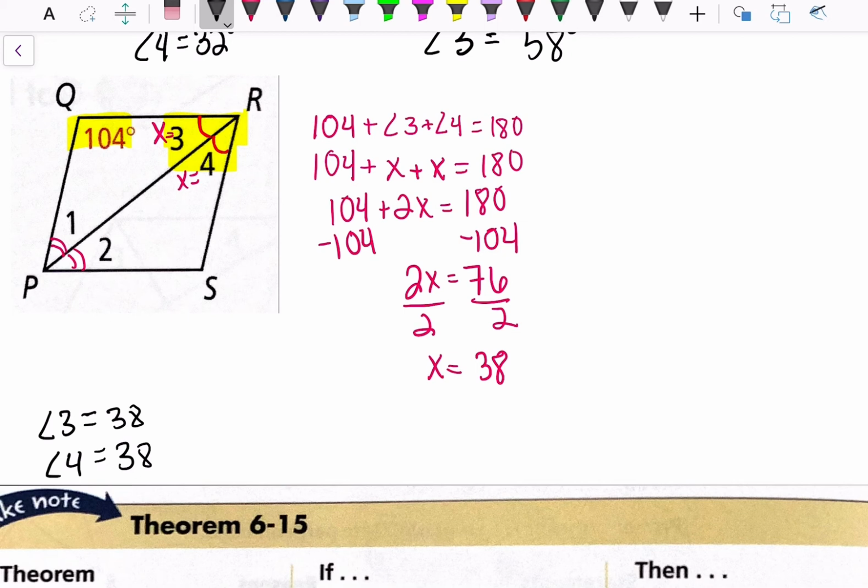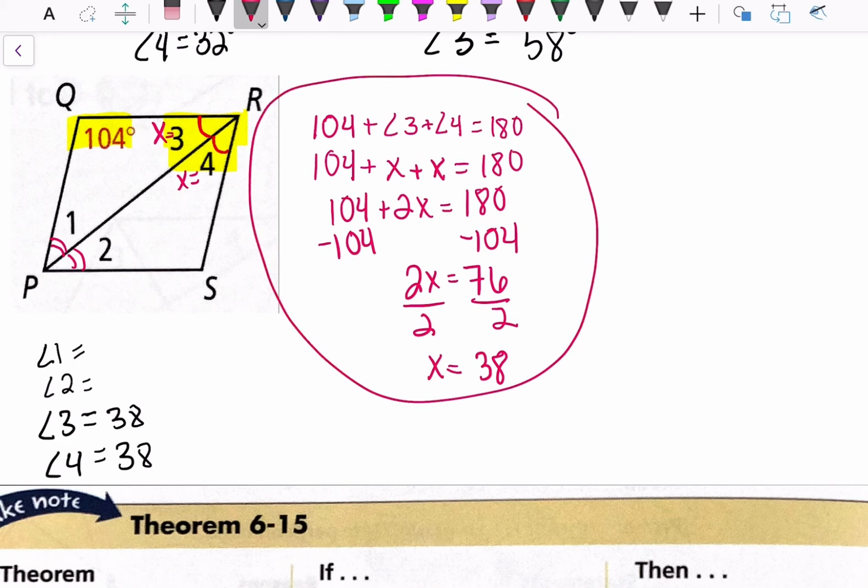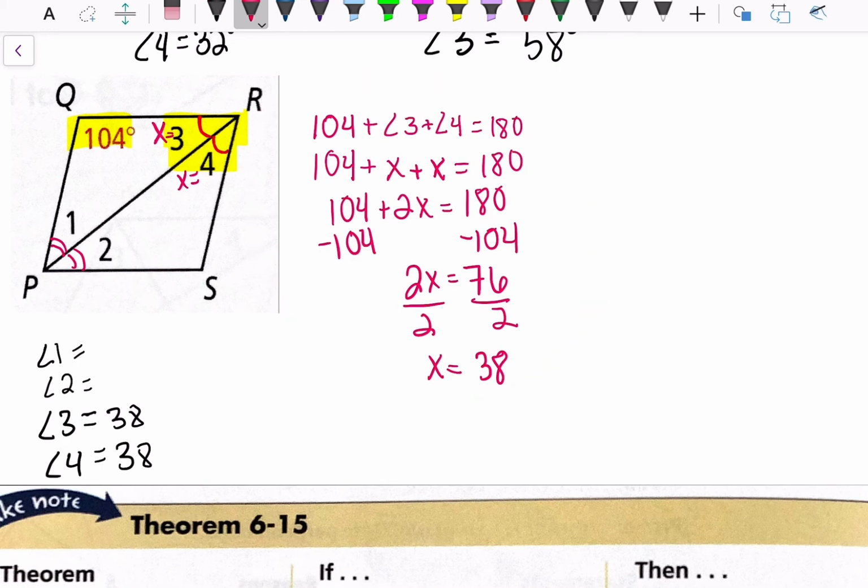So now if I want to find angle 1 and angle 2, we could do the exact same thing we did here. Because we know that 104 plus the angle P is also going to be equal to 180. So if we did that, we would get the exact same answer.